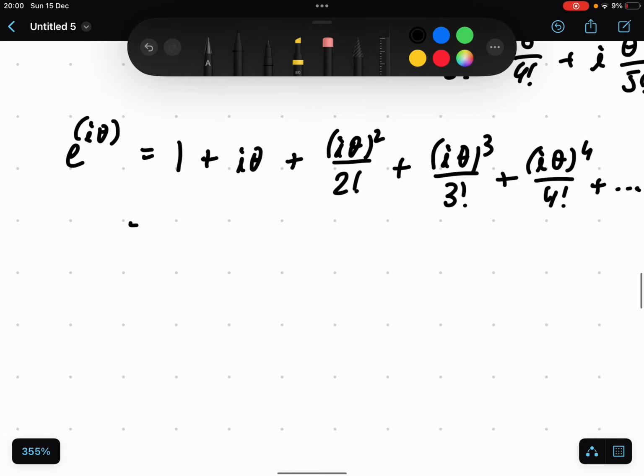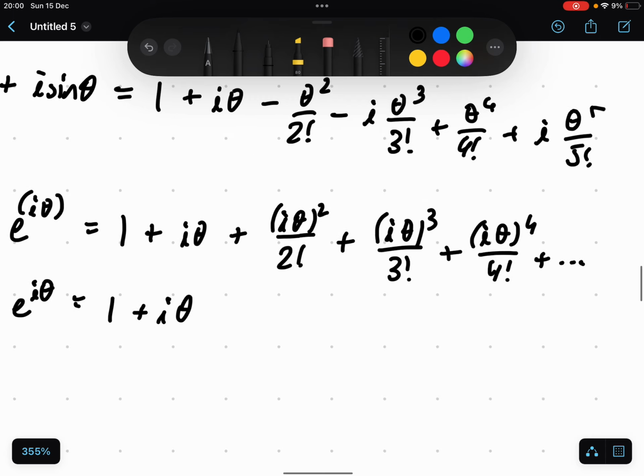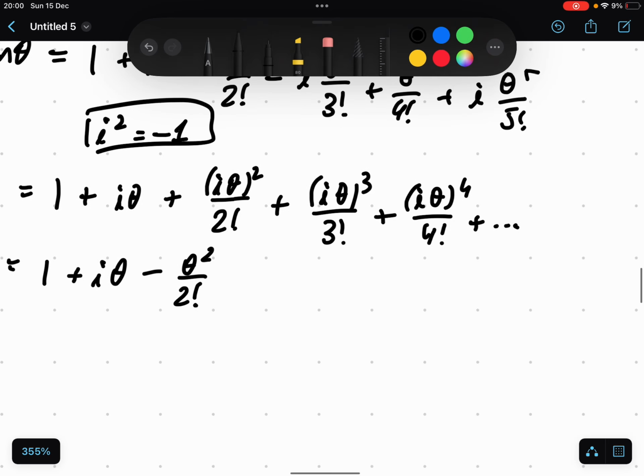And if I simplify this out a little bit, e to the i theta is equal to 1 plus i theta. And then here it's going to be negative theta squared over 2 factorial because we're doing i squared, and i squared is defined to equal negative 1. What about i cubed?